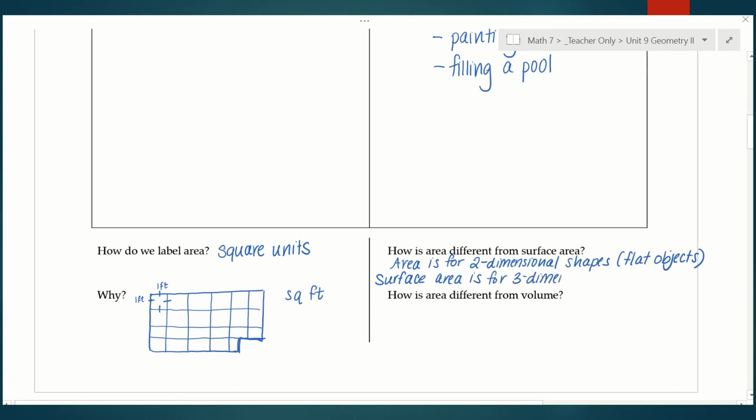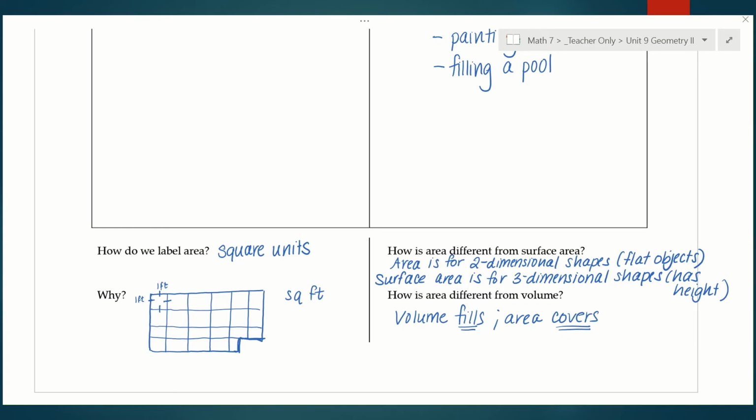So three-dimensional shapes just means it has height to it. Okay. How is area different from volume? So volume fills. I want you to think of that keyword. Volume fills where area covers. That's the difference. Okay, filling versus covering.